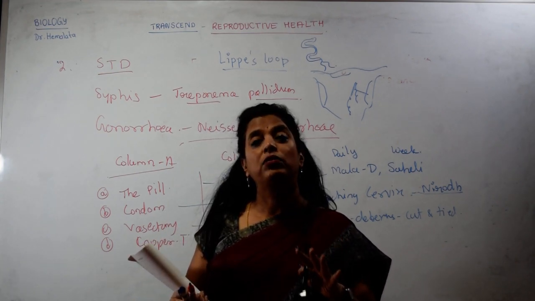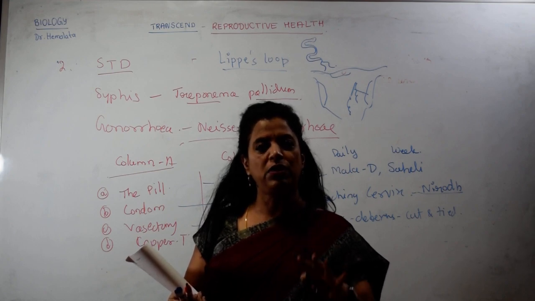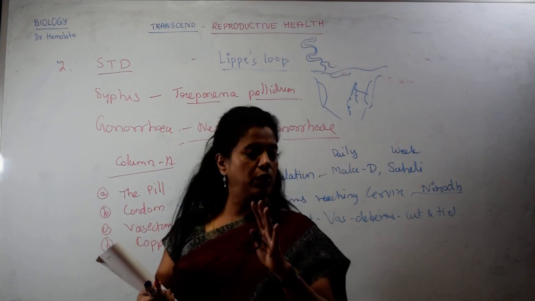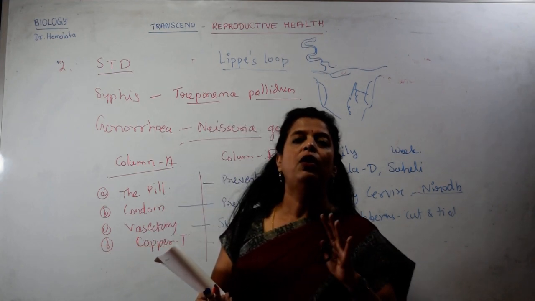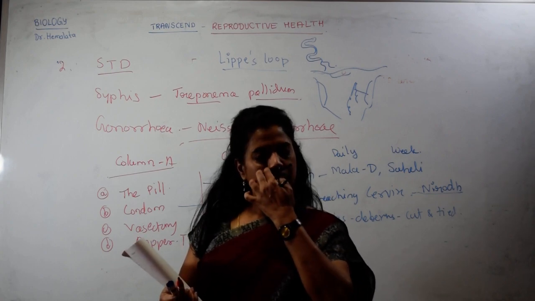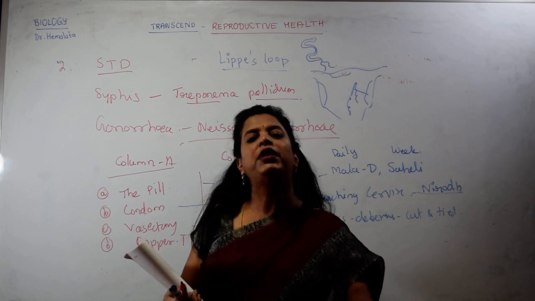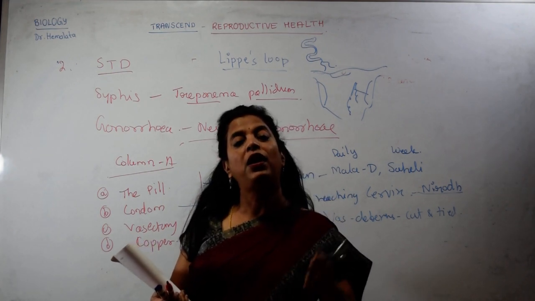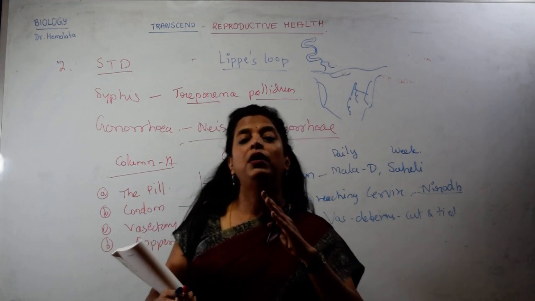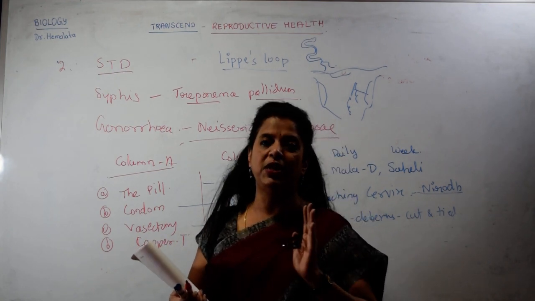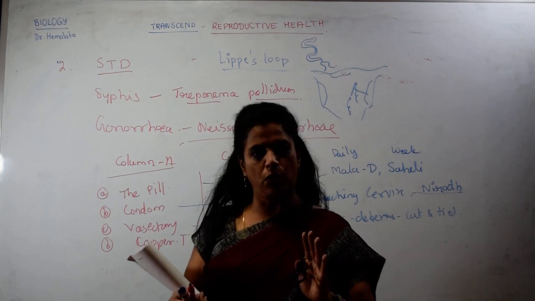Before the intercourse, she should take it for 28 days. I told you the pills have to be taken before the intercourse or coitus, so that there will not be any fertilization happening. Therefore, pills are not advised after the transfer of the sperms into the female genital tract. Therefore, it is wrong, right?